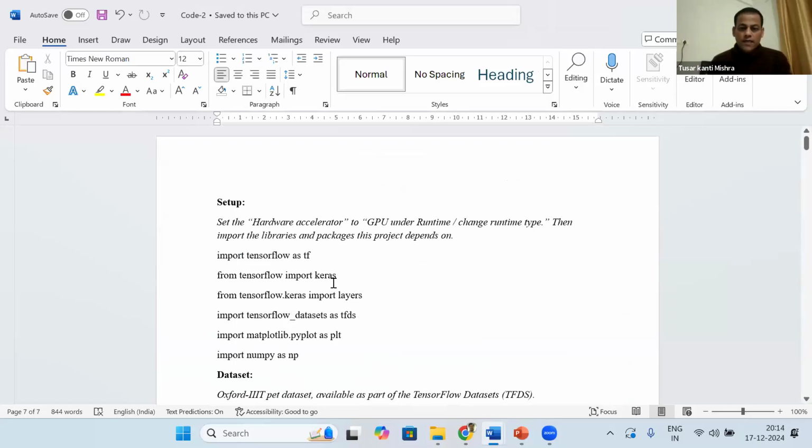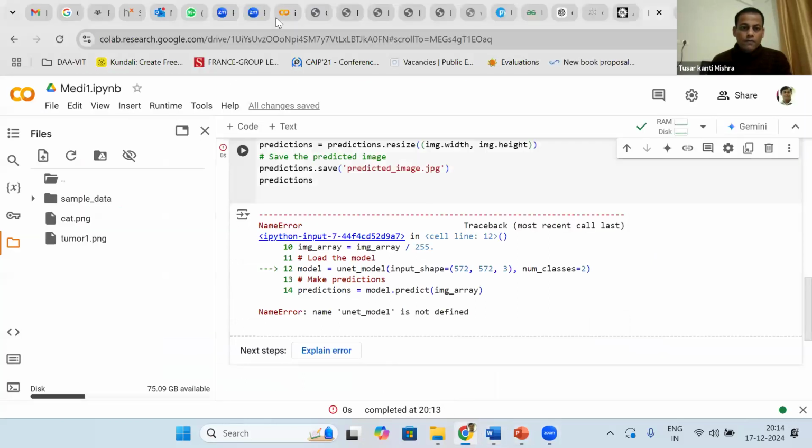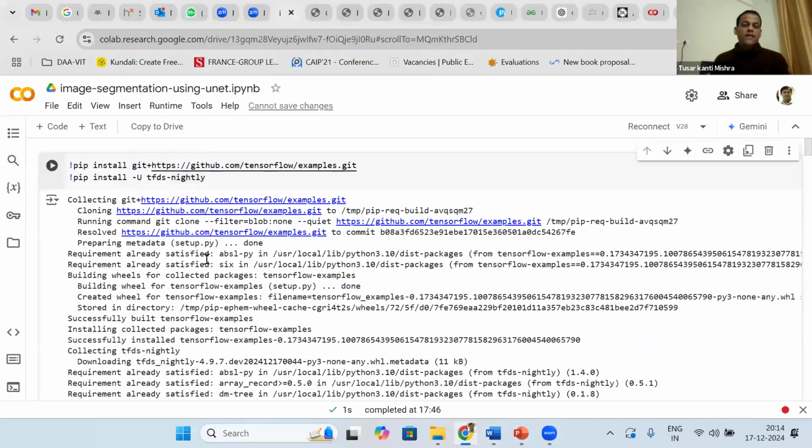First of all, a little explanation for each step that will be running over there. I've already done it here. So the TensorFlow TFDS nightly version we are taking because the version name itself is nightly.